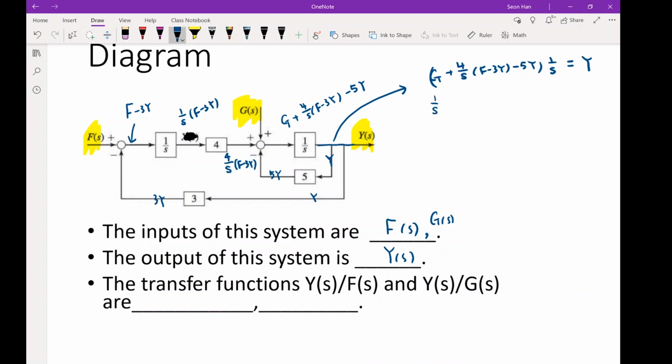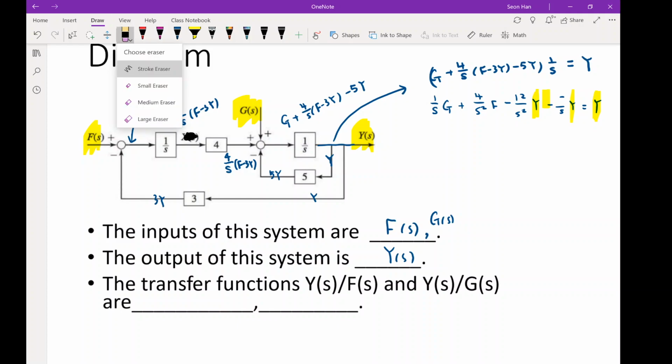You have 1 over s times G plus 4 divided by s squared F, minus 12 divided by s squared Y, minus 5 over s times Y, equals Y. Every single term, what did I say? Either has an input or output.